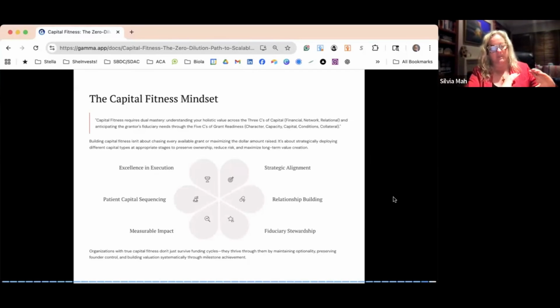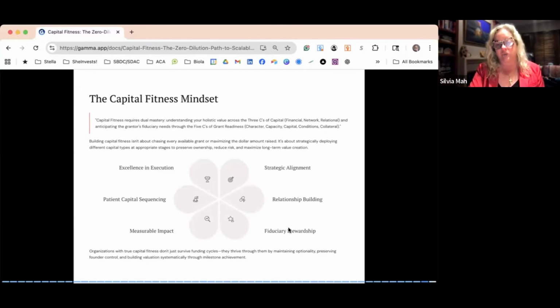Then patient capital sequencing: we're reaching the end of the year, so that's more of angel investors, VCs, maybe a quick personal loan through GoFundMe, and then have that long-term goal of getting more of the grants. Then measurable impact. What are you impacting society with, or the globe, or people? And seeing how that goes with your outputs.